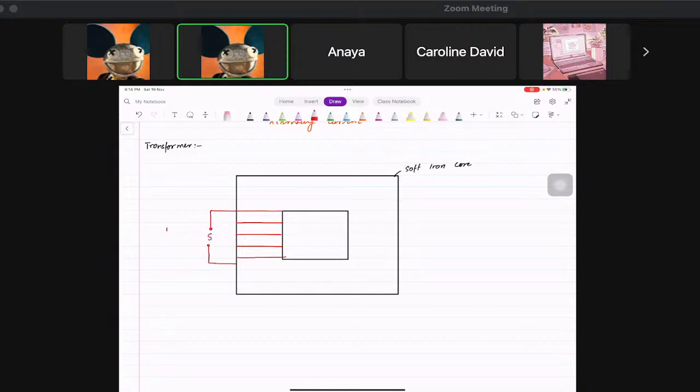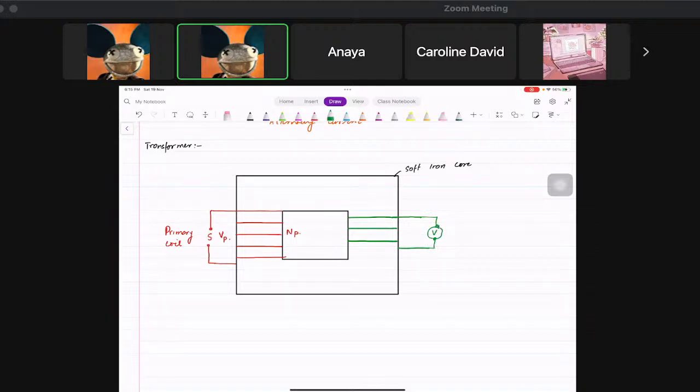So let's call this the primary coil, and the voltage it's receiving is, let's say, VP, and the number of turns here are NP. Now on the other side there's also a coil, and these two coils are not connected with each other at all, and now that's connected with maybe a voltmeter or some supply.